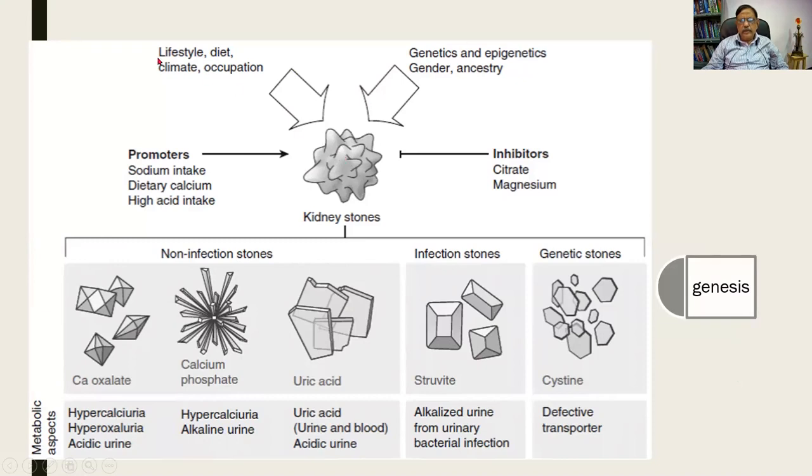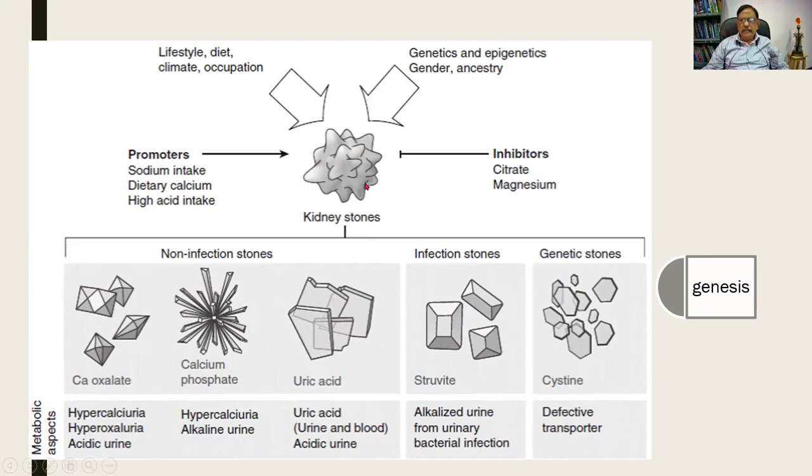Stones are produced because of variation in lifestyle, diet, climate, and sometimes occupation also. It can be genetic or sometimes acquired. There are some promoters such as sodium intake, dietary calcium, etc. And there are some substances which inhibit, the citrate and the magnesium. Ultimately, when there is an imbalance, there is formation of the renal stone.